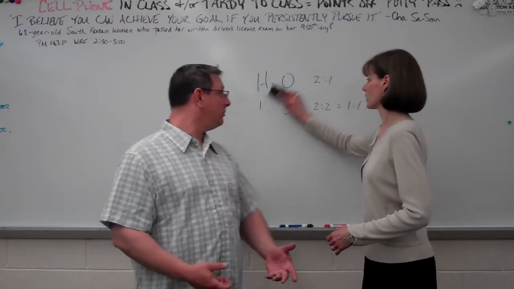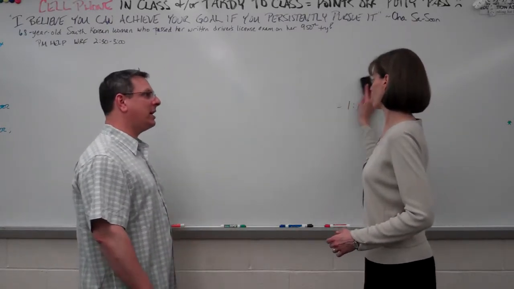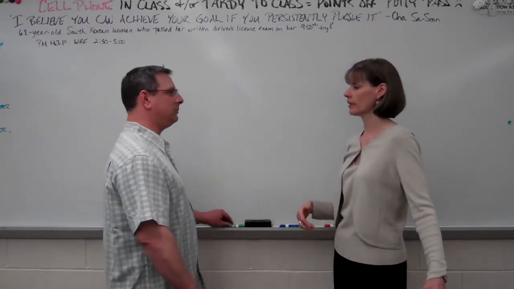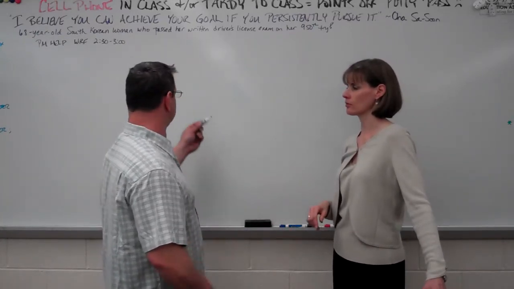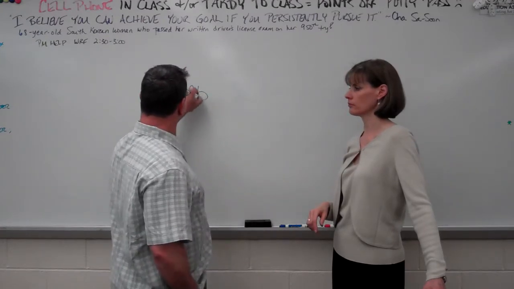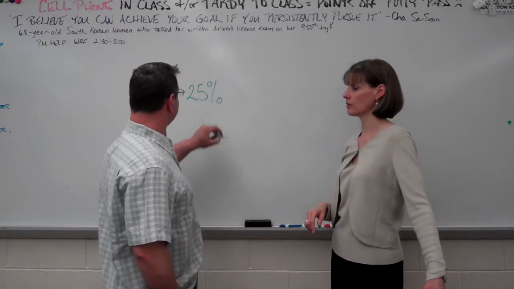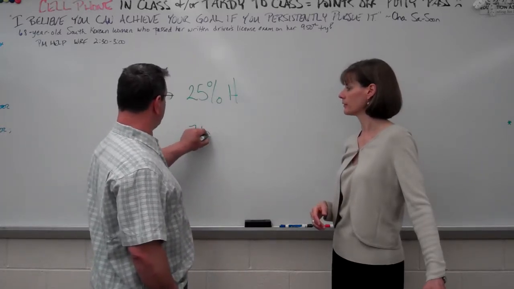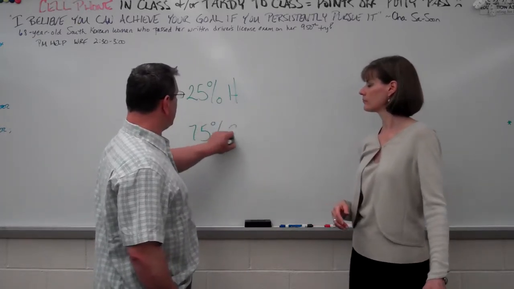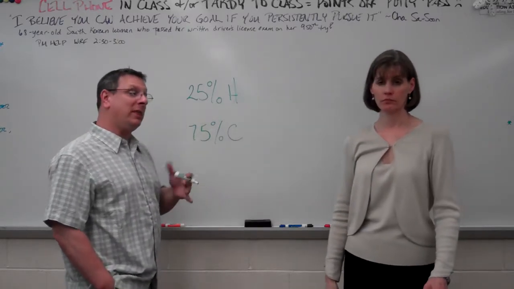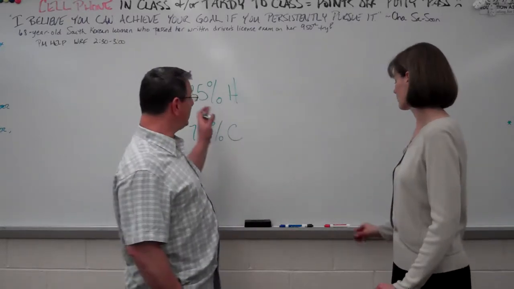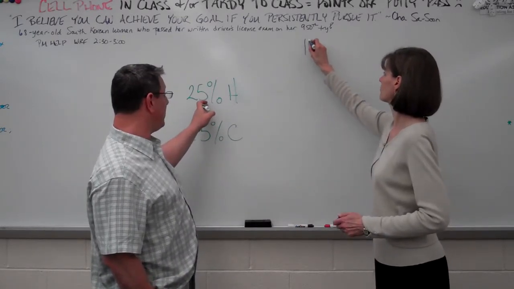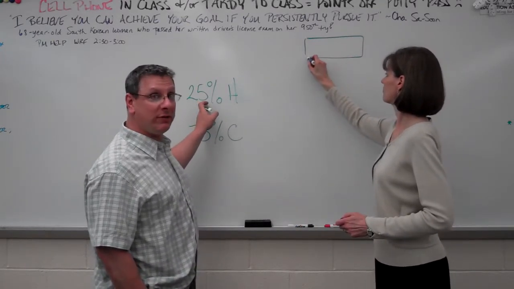Let's do a really easy one, like carbon, hydrogen, oxygen. Let's do like 25% hydrogen and 75% carbon. If we assume that we have 100 grams of this mystery compound, then what's 25% of 100?